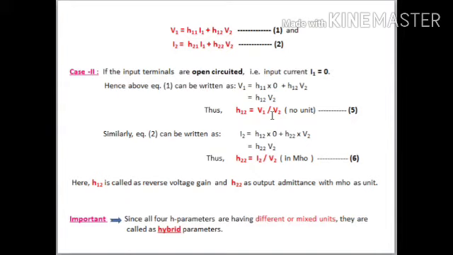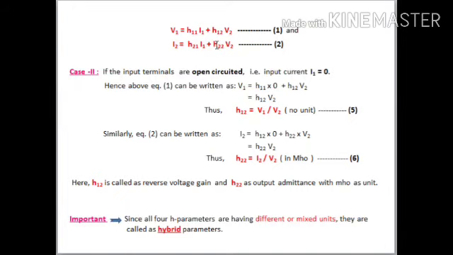Now see again here, this H12 is the ratio of input voltage to output voltage. Both values are voltage, that is why they cancel and there remains no unit. So take this as equation 5. Similarly, we substitute I1 equals 0 into equation number 2.